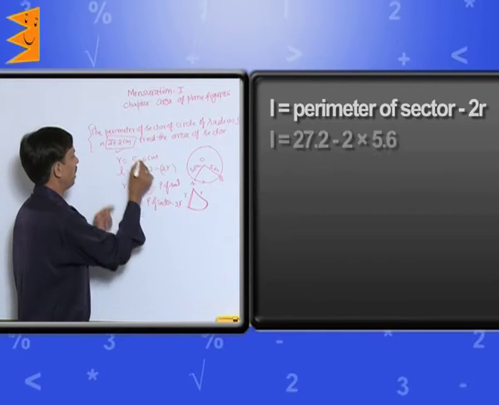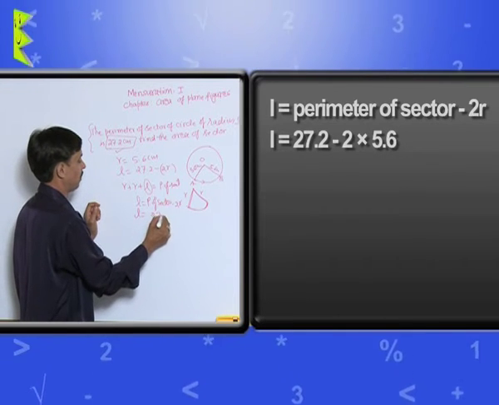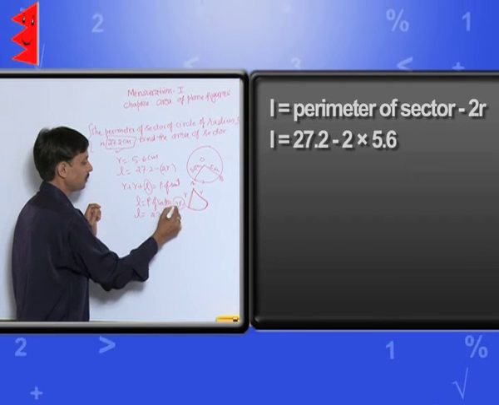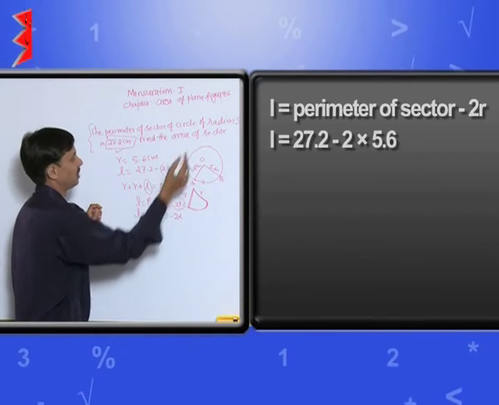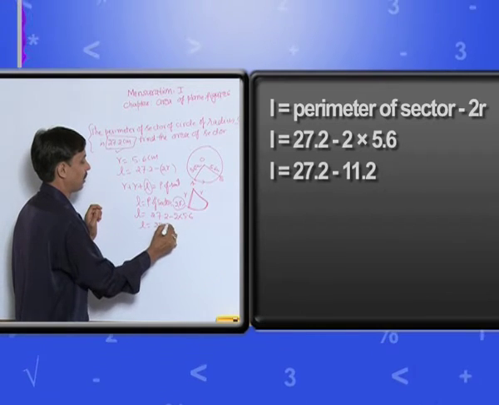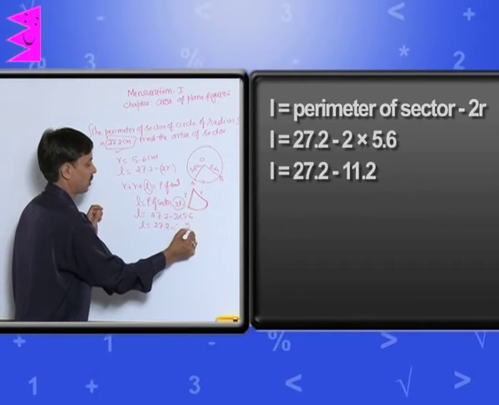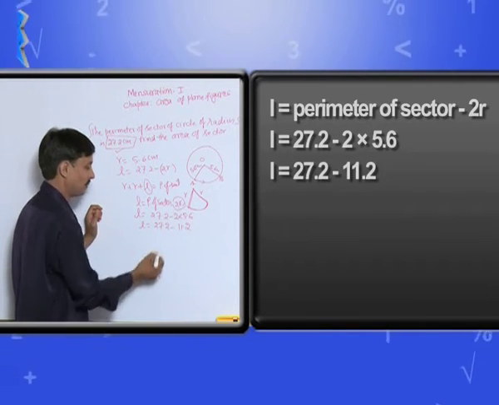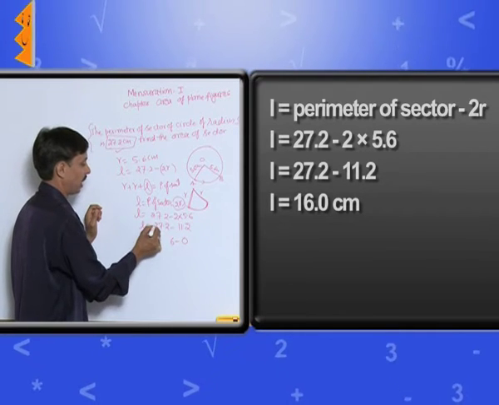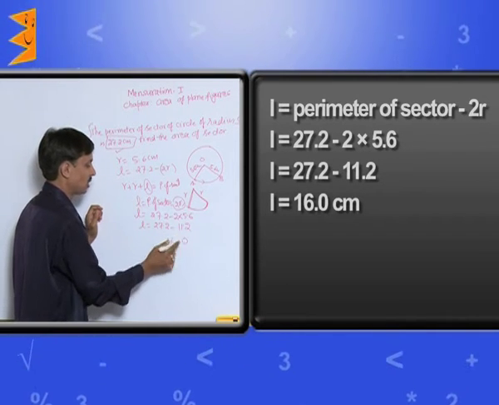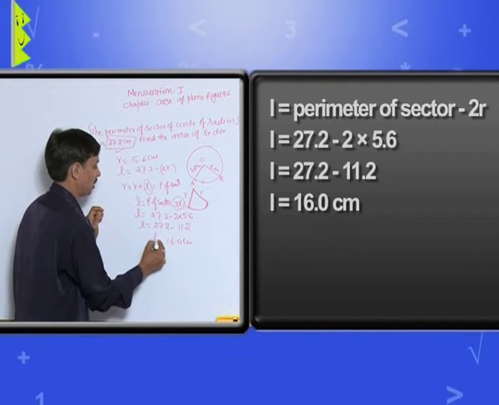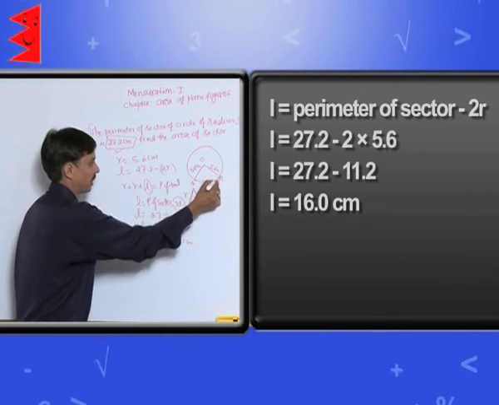So L becomes 27.2 minus 2r, that is twice the radius, and the radius is 5.6. So length of arc is 27.2 minus 11.2, and this is coming out to be 16.0 centimeter, the length of this arc.